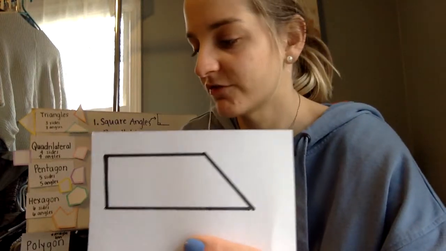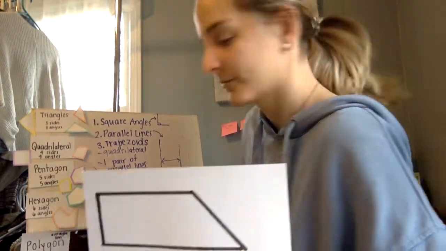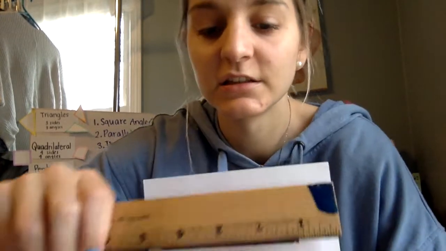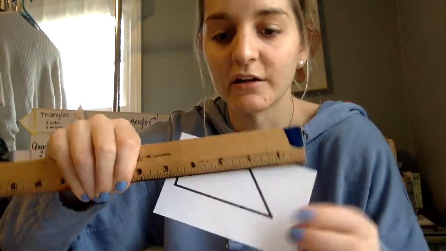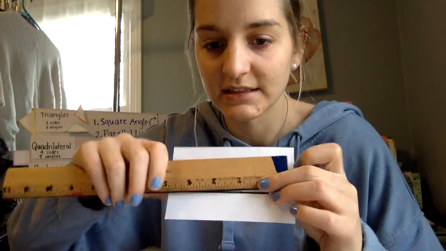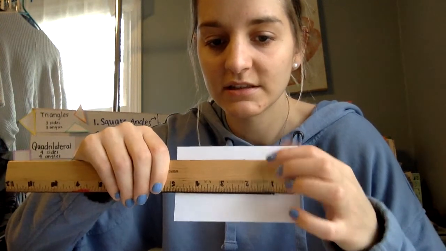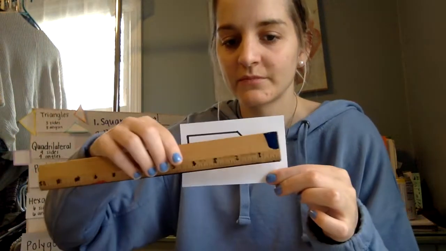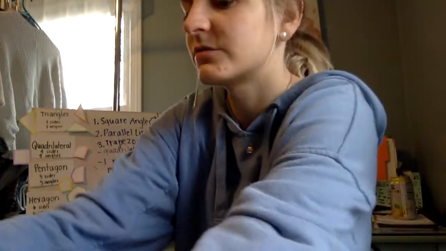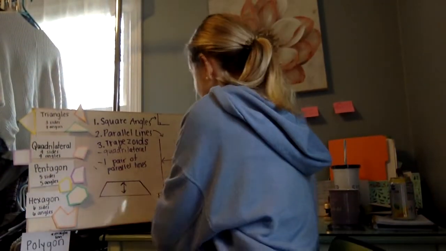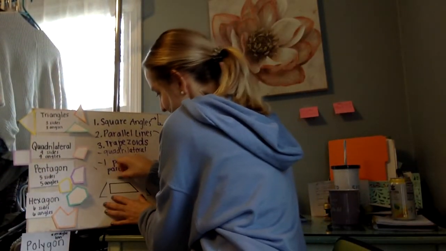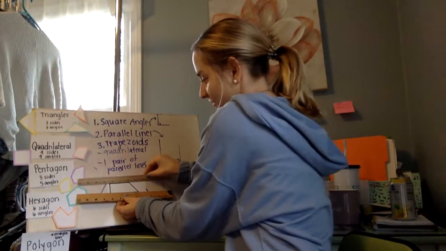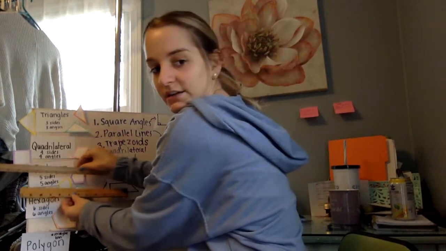I'm thinking to myself, is it a trapezoid? Let's test. We have one pair of parallel lines because I see that this line up here and this line came from my ruler. I know that if I extend the lines, they're never, ever going to touch.